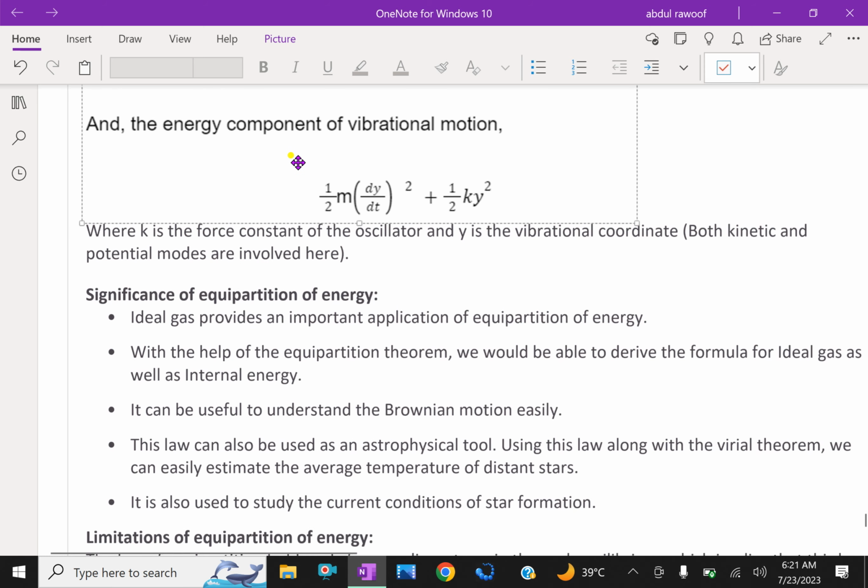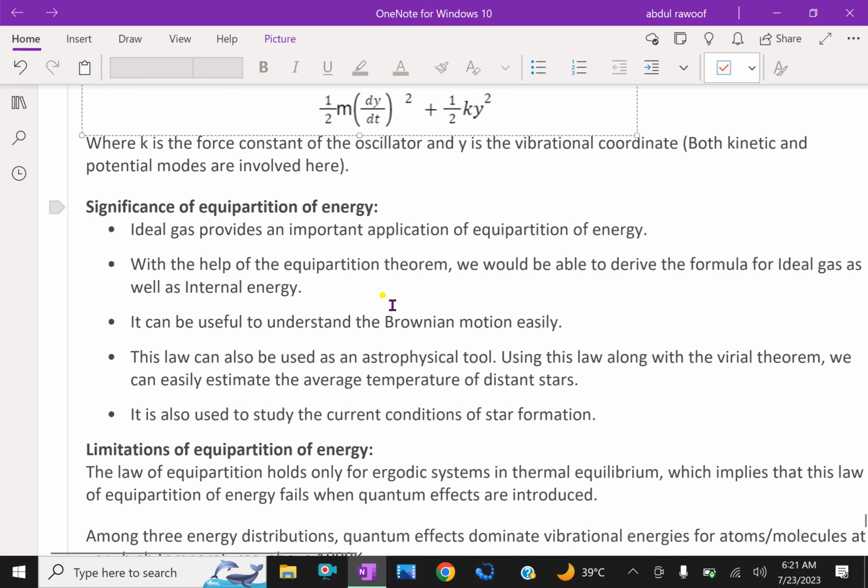The energy component of vibrational motion is half m (dy/dt) square plus half k y square. Remember this energy component, where small k is the force constant of the oscillator and y is the vibrational coordinate; that is, both kinetic and potential modes are involved here for diatomic molecules.